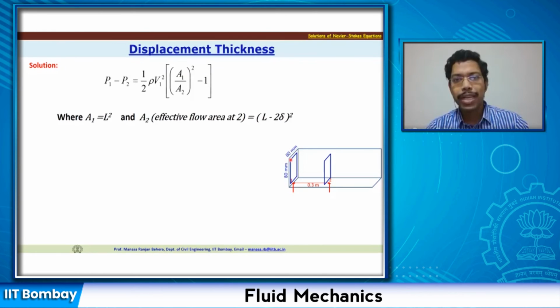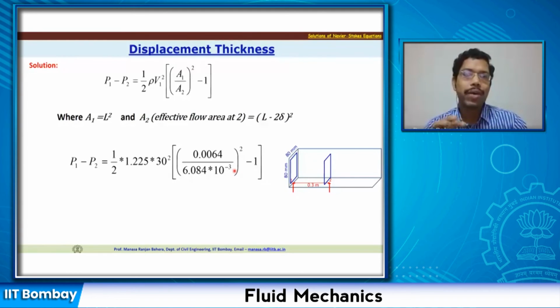So length of 80 mm, L minus 2 delta, that is 2 mm, is going to give you 78 mm. So by substituting all these values in the above expression, you can straight away get the result, and you will be able to obtain that the drop in the pressure comes out to be 58.75 Pascal or Newton per meter square.